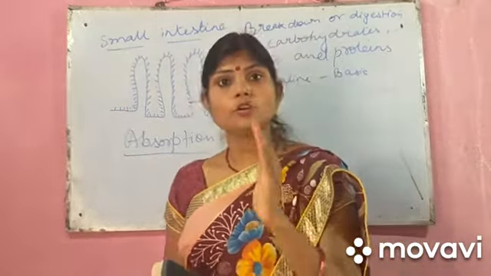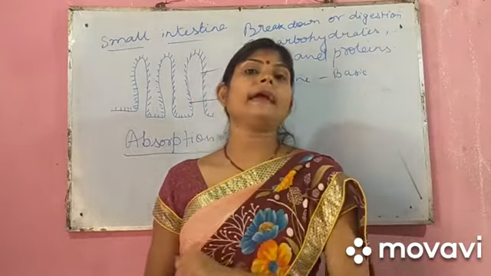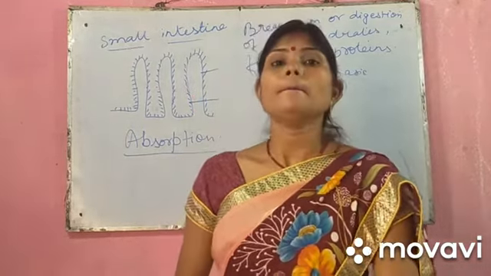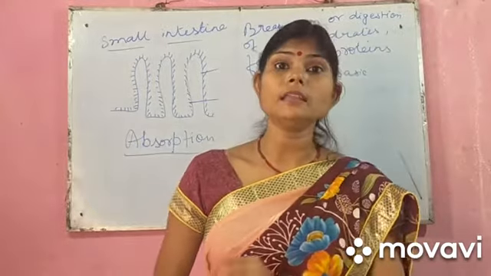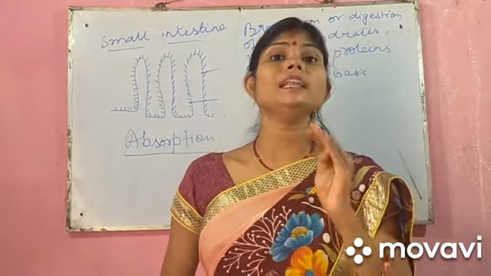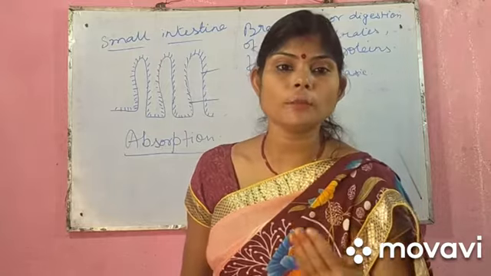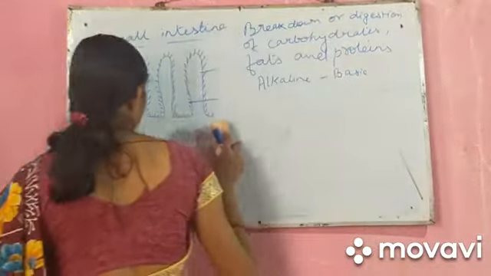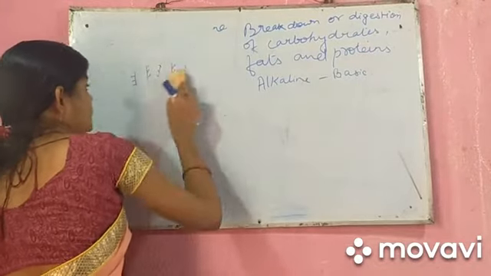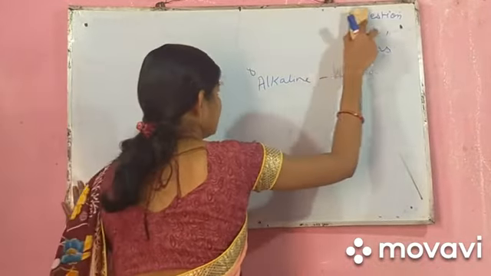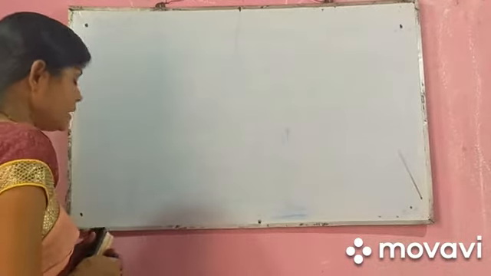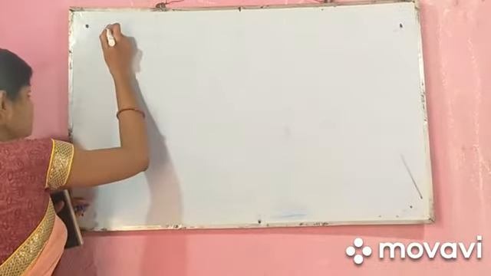The process of breakdown of fat into small globule-like structures by the action of bile juice secreted from the liver is called emulsification. Emulsification is a very important term. It will come in the exam. So please read it and write it. Emulsification.